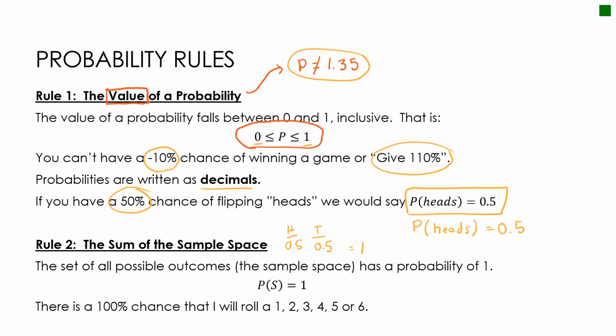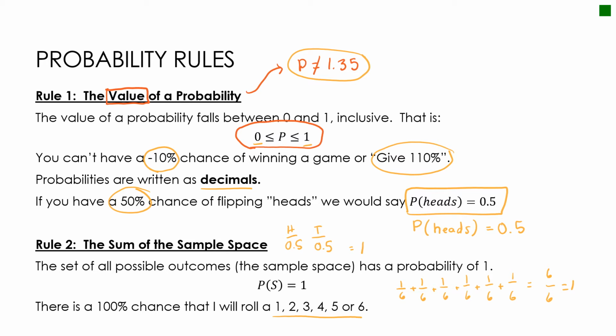Same thing for rolling a 1, 2, 3, 4, 5, 6. There is a 1/6 chance that I get a 1, 1/6 that I get a 2, 1/6 that I get a 3, etc. And if I add all of these values together, of course, I get 6/6, which is 1.